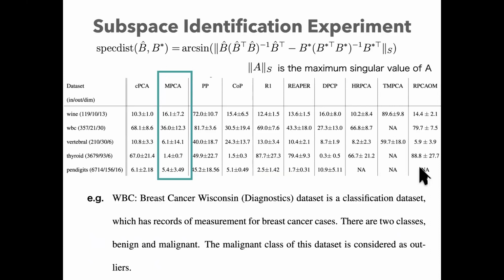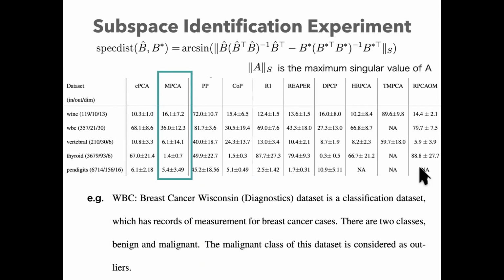These datasets were originally for classification, but for each dataset, the class with the smallest number of sample points is treated as outliers, and we consider the ground truth principal subspace to be the subspace found by using classical PCA for inliers only. The dimension of the ground truth principal subspace is determined so that the contribution ratio of the eigenvalues of the PCA is around 99%.